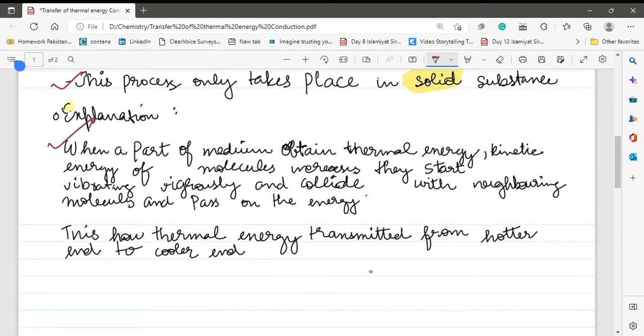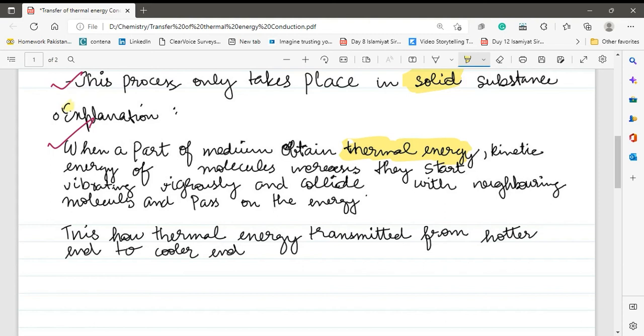It states that when a part of a medium obtains thermal energy, it means whenever we heat a metal object, it gains thermal energy, and the kinetic energy of the molecules increases.